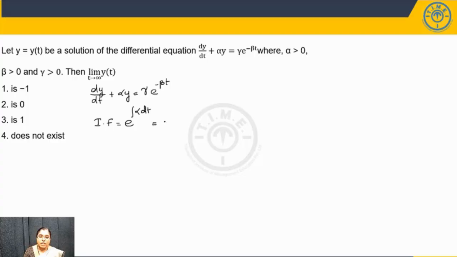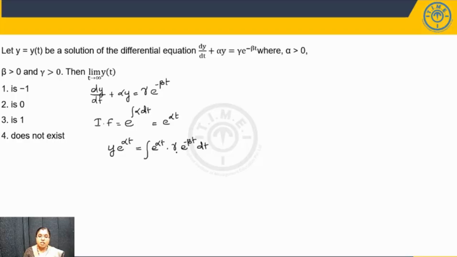So we have e raised to alpha t. This is the integrating factor. Now how will you write the solution? y into e raised to alpha t equal to integral of e raised to alpha t into gamma into e raised to minus beta t dt.